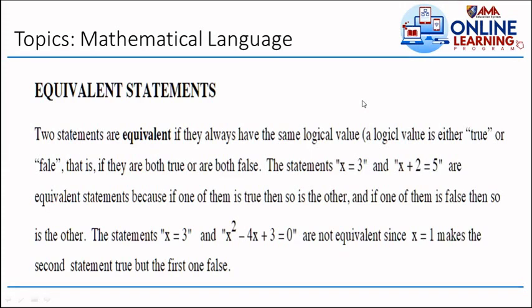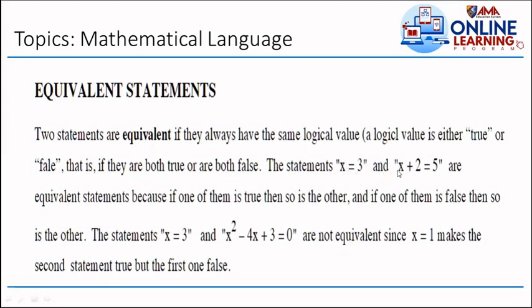So if we're going to look at our slides, okay, presentation, we have here the two statements. This is your first statement and this is your second statement. Okay? So we're going to prove that these two statements are equivalent. Okay? So our first statement is x is equal to 3.